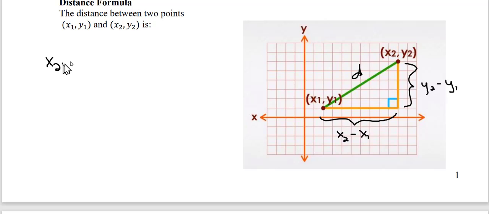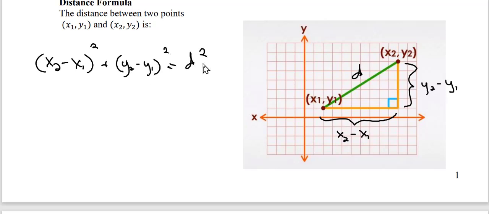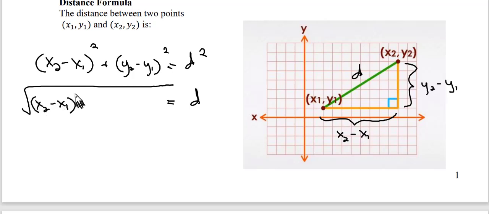By the Pythagorean theorem, x2 minus x1 squared plus y2 minus y1 squared will equal d squared. Thus, the distance, just the d between those 2 points, will be the square root of the left-hand side of this.